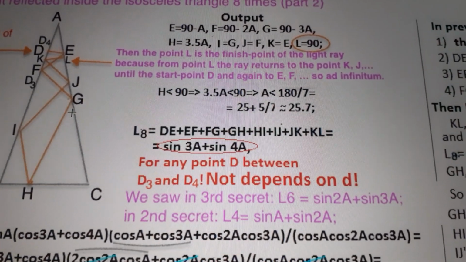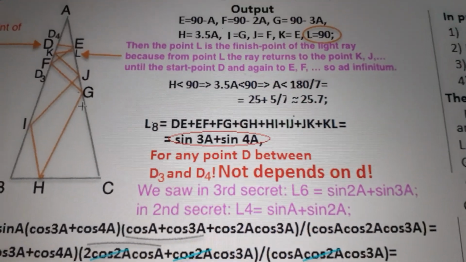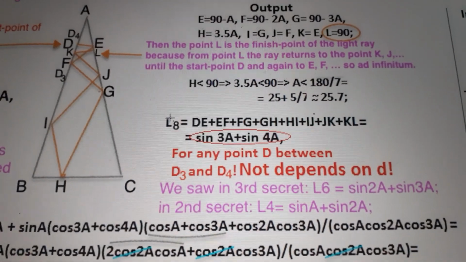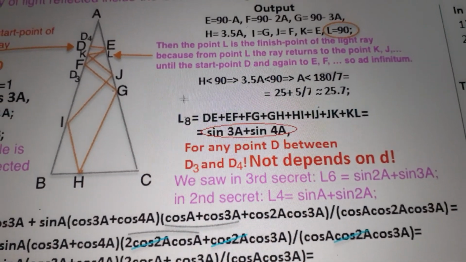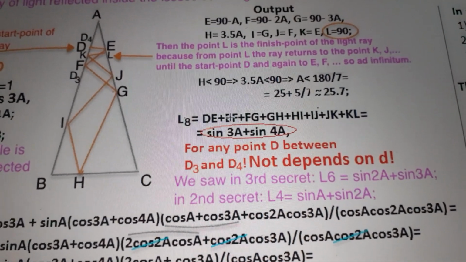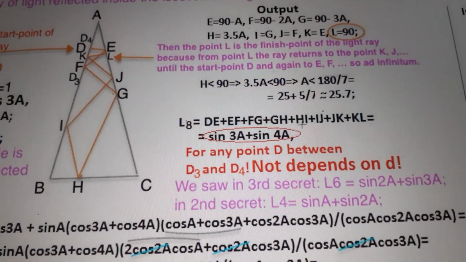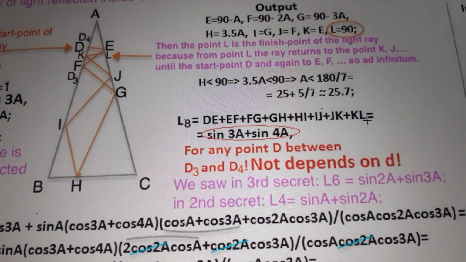And now we need to prove that the length of the trajectory of the ray of light is equal to DE plus EF plus FG plus GH plus HI plus IJ plus JK plus KL.